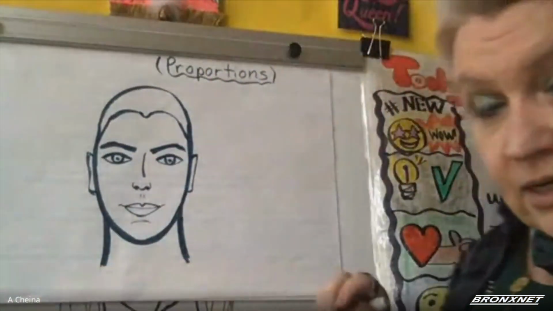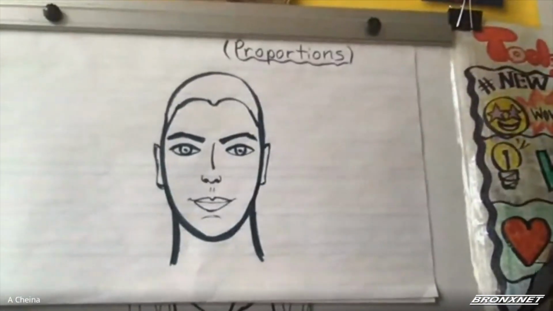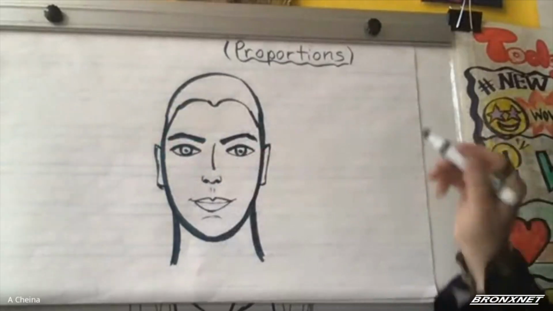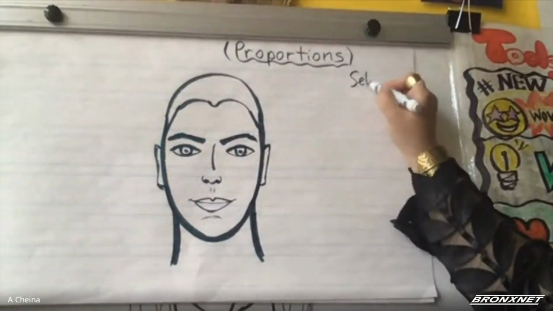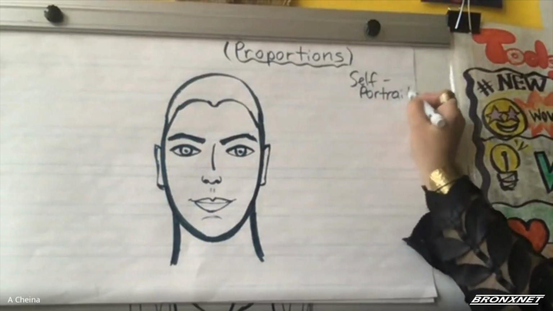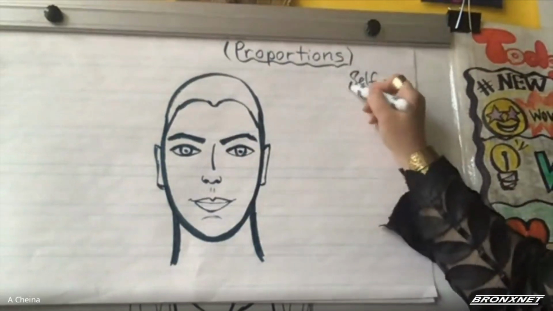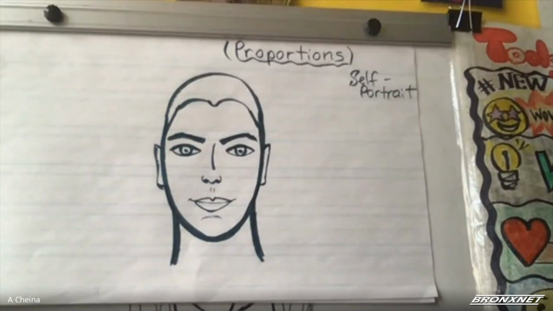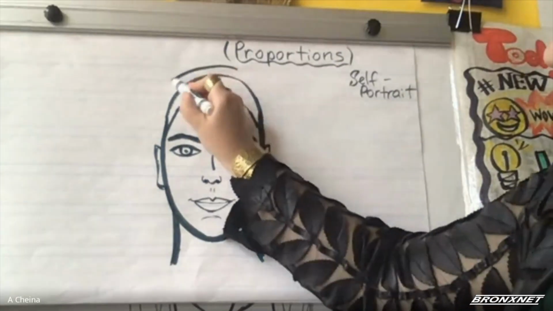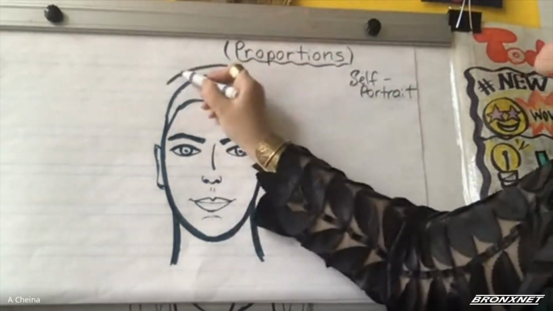Now, your hair, of course, is different. I'll show you how I do my hair, and you need to study your own hairline if you're making your own self-portrait. If you're drawing me, that's fine. You can just repeat what I'm doing. If you're making a self-portrait, drawing yourself, look in the mirror, see what's happening. I am actually going to extend the hairline.